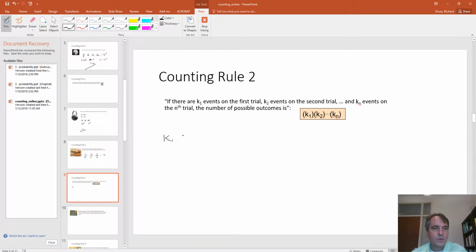Okay, so in our case, K1, we had 2 different kinds of meat. K2, we had 2 different kinds of cheese. And K3, 3 different kinds of bread. So we just did K1 times K2 times K3 and wound up with 12.